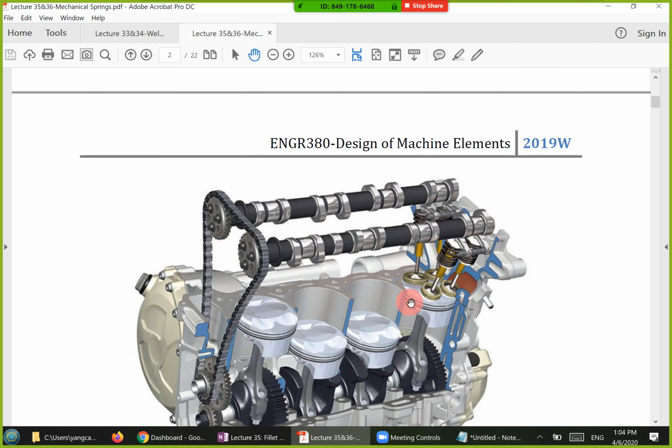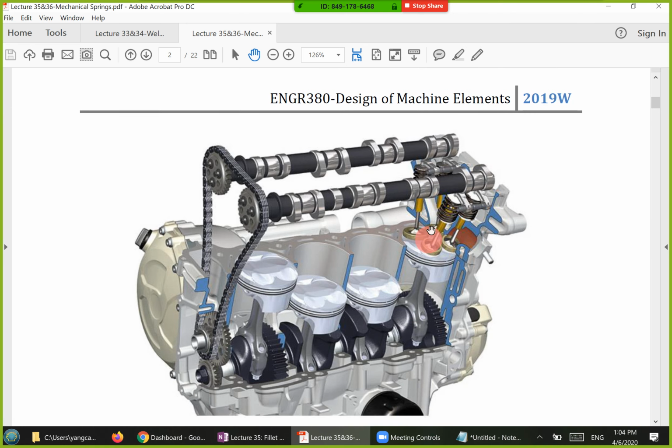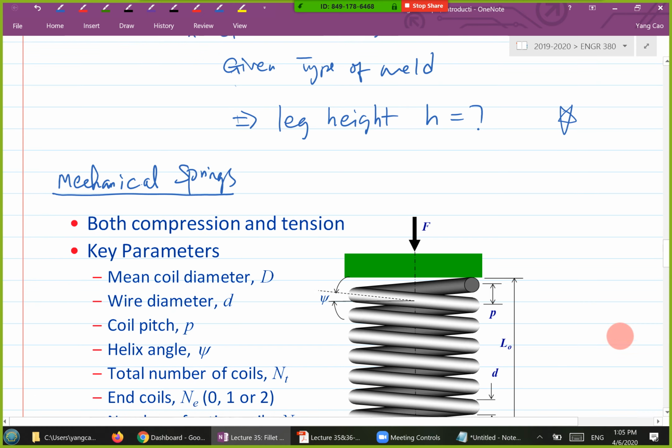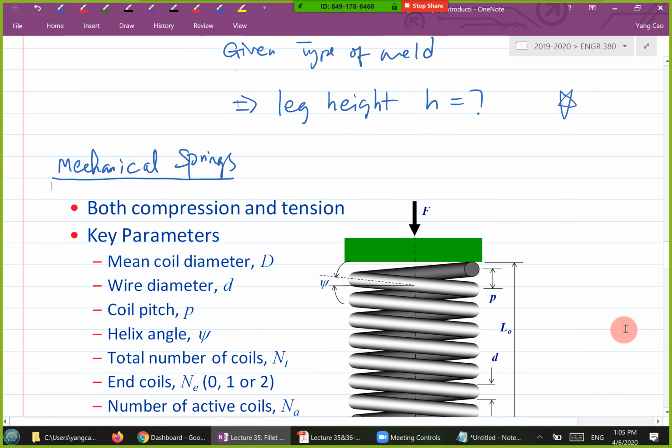For example, in the crankshaft system, the spring is used as a mechanism to close the valve. Now, what we're going to look at in this part of the lecture is, we're going to focus on compression springs only.